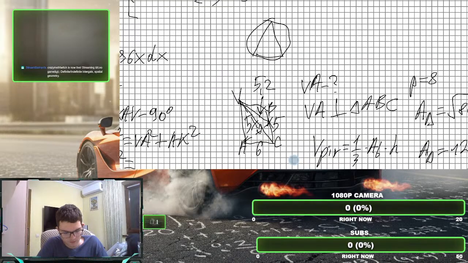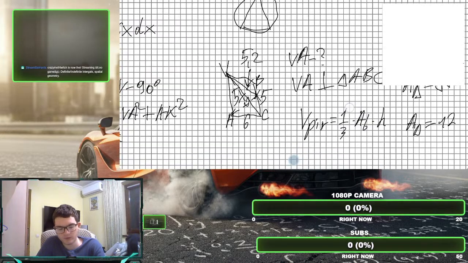And how do you get AH? Basically, it's 2 times the area divided by BC. But how would I have remembered that formula, come on.